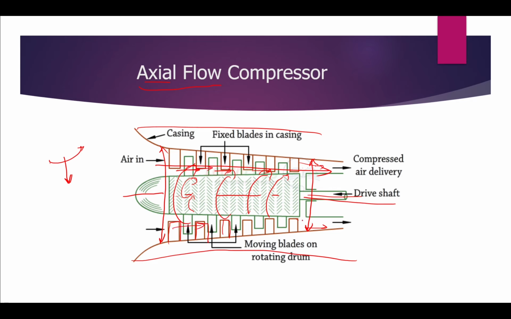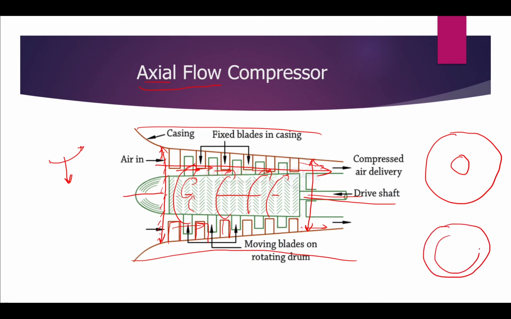So here if you observe the area, at the starting this much area is available for flow. If you take the cross section of it, it will be like this, whereas here it will be this much. So only this much area will be available to flow. That is why compression takes place and the pressure will increase.